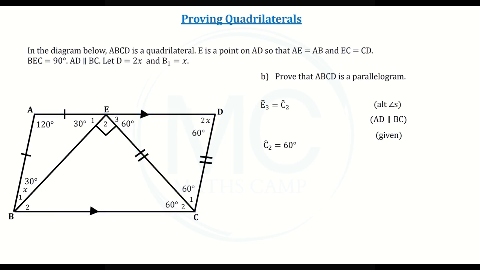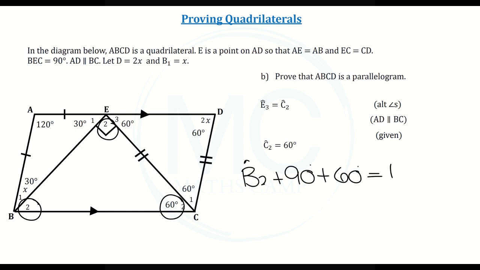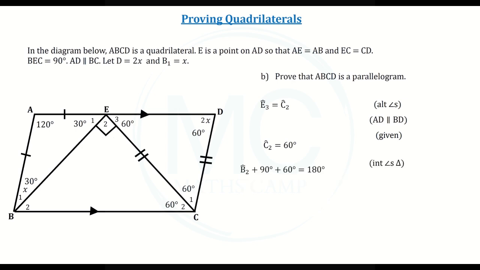Now all we need to find is angle B2. B2 sits in triangle BCE along with a 90-degree angle, and C2, which we found to be 60 degrees. So we can use the interior angles of this triangle to find the size of B2. So we can say B2 plus E2, which we know is 90 degrees, plus C2, which we know is 60 degrees, will be equal to 180 degrees, because these are the interior angles of a triangle.